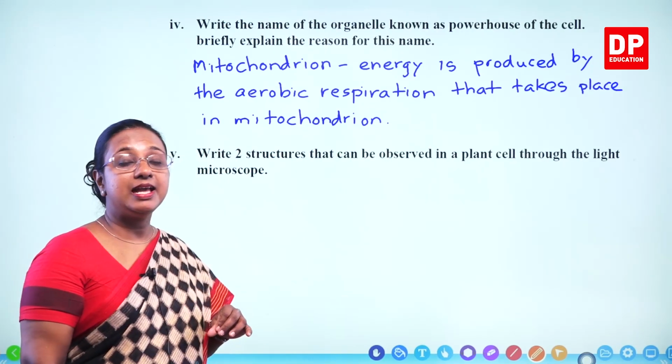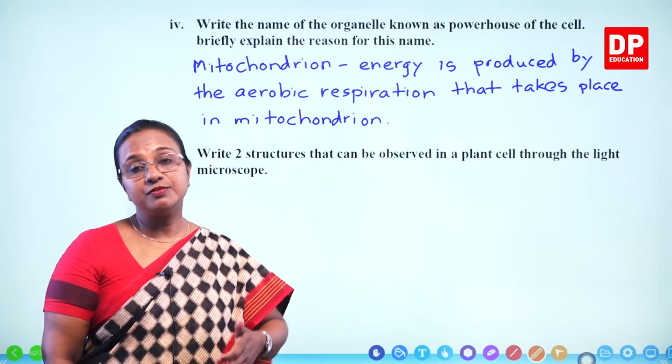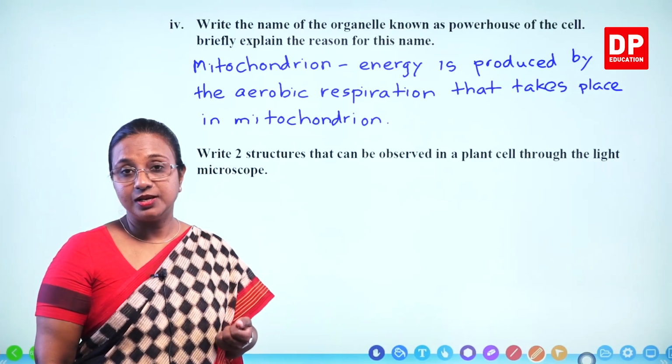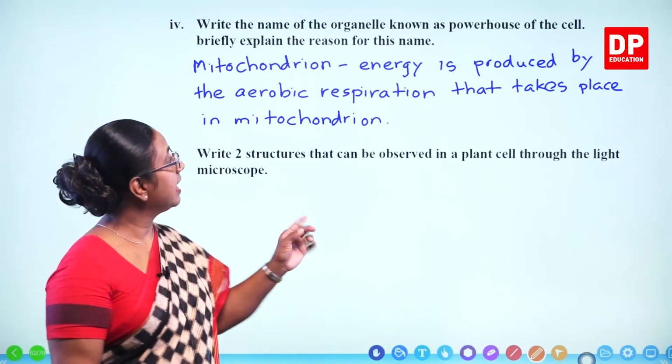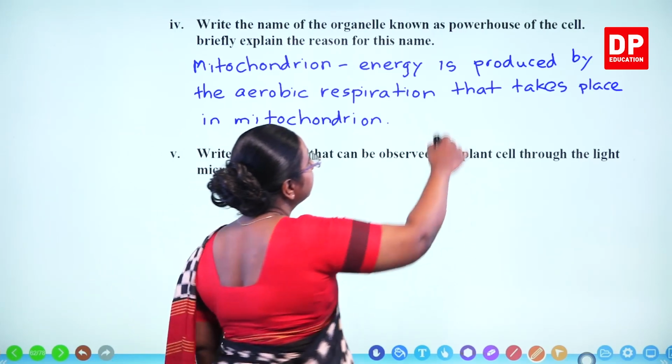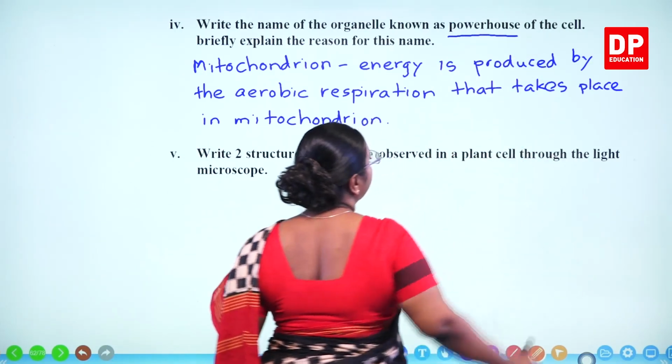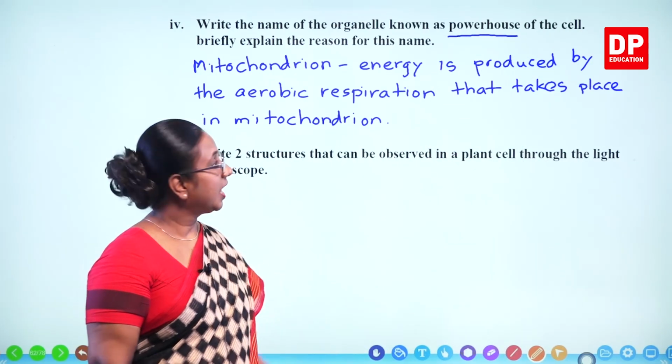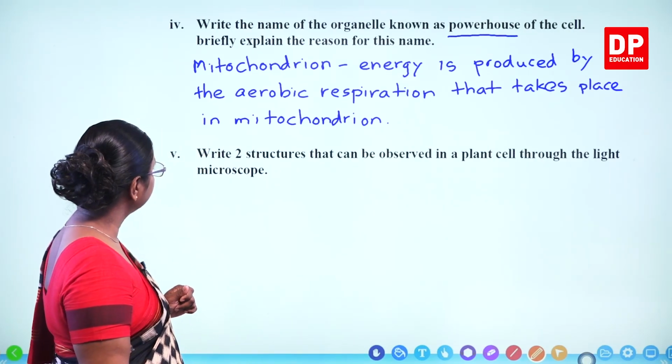And this is the energy that is given for all the cellular processes. That is why we call it the powerhouse of the cell. I'm sure you got that right.